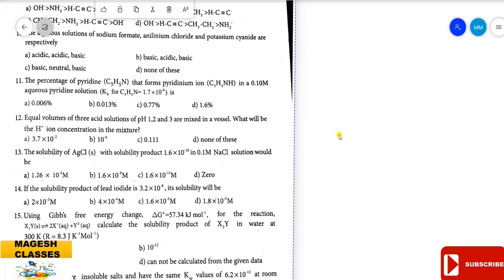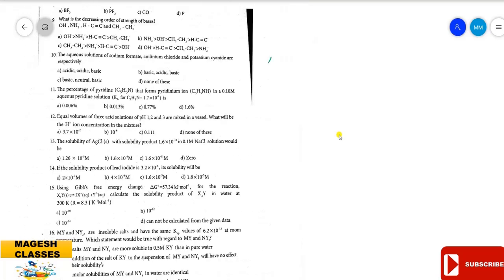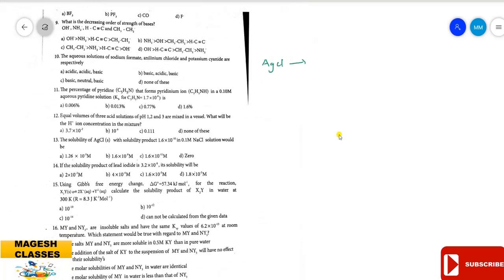AgCl dissociates into Ag plus and Cl minus, with KSP given as 1.6 into 10 power minus 10. In the presence of NaCl, what is the solubility of silver chloride?